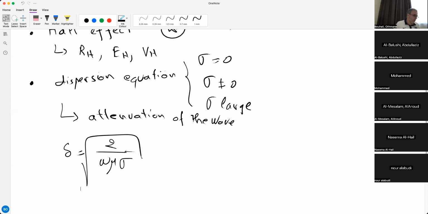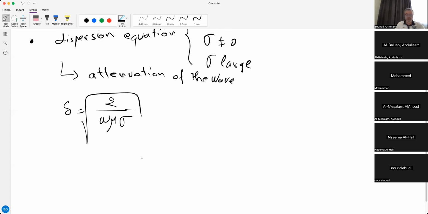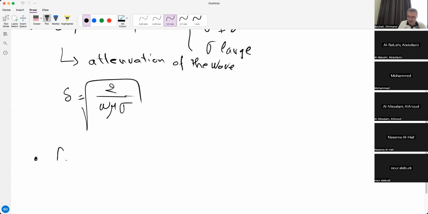And the other thing: how the resistance of the material is changing. If you remember, when this material is used to transmit electromagnetic waves, the resistance is of the order of the intrinsic resistivity of the material divided by 2 pi a, the cross section.